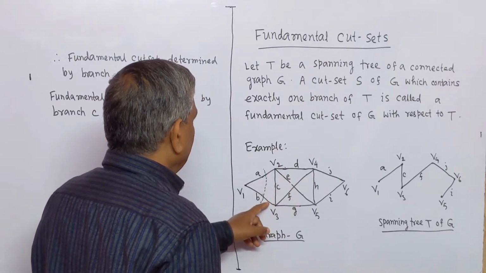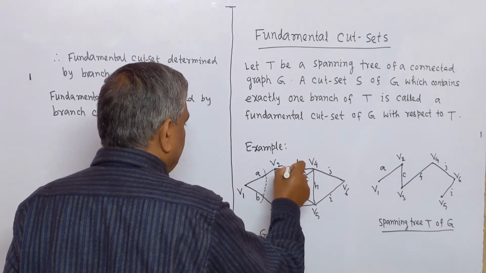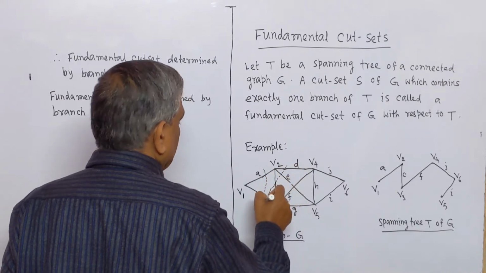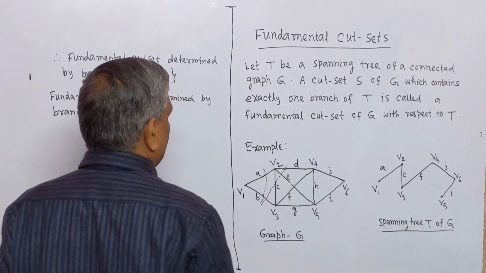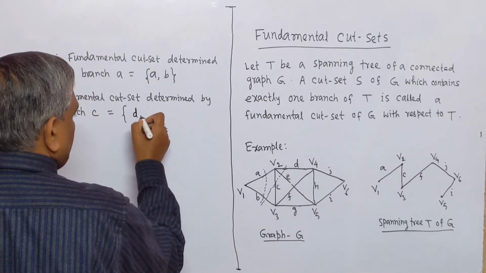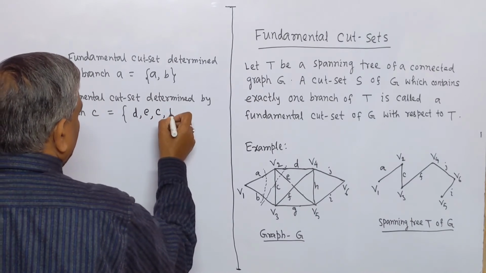D, E, B are chords. So we may take this as the fundamental cut set containing D, E, C and B.